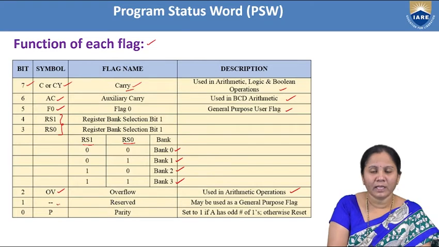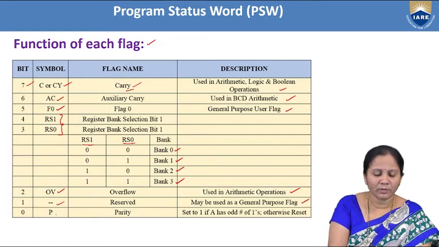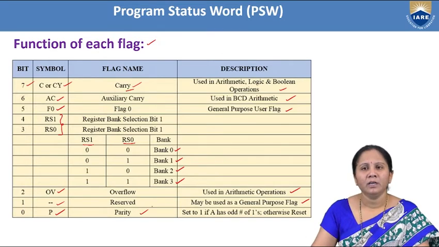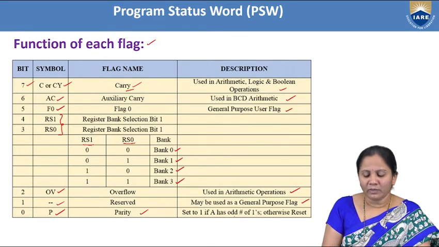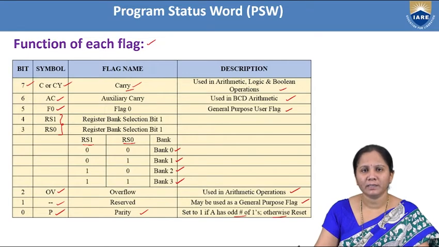The next flag is not defined, it is reserved. It may be used as a general purpose flag bit. And the 0th bit is the P bit, which represents the parity bit. It is set to 1 if A has an odd number of ones, otherwise the P bit will be reset. So this is the function of each flag bit present in the PSW flag register format.